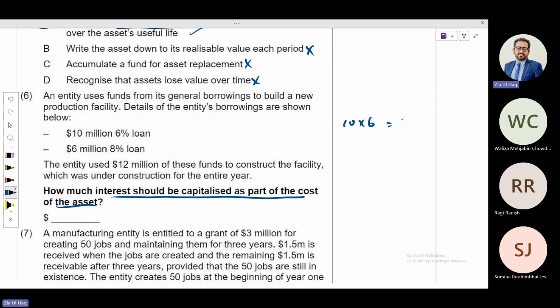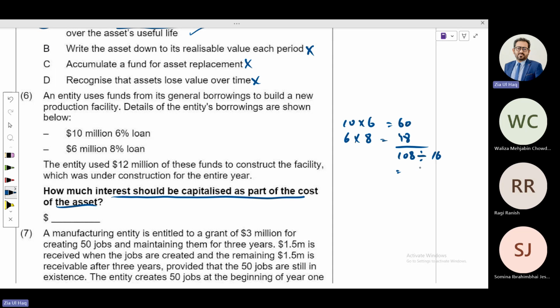10 into 6, 6 into 8. How much is the total? 108 divided by the amount, 16 million. So what is the interest rate?